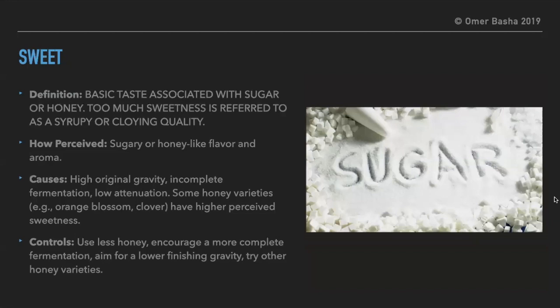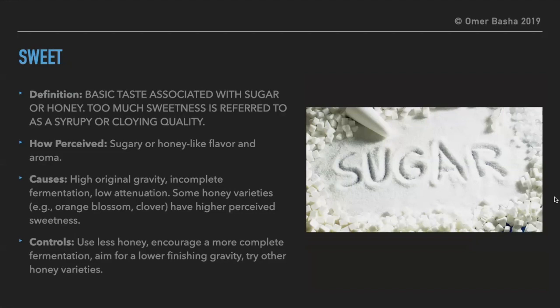And then we're going to move on to sweet. I know that S is not next, but you'll understand in a moment why we're talking about sweet now. So sweet is the basic taste associated with sugar or honey. Too much sweetness is referred to as a syrupy or cloying quality. So if it's too sweet, then it will be perceived as sugary or honey-like flavor and aroma.